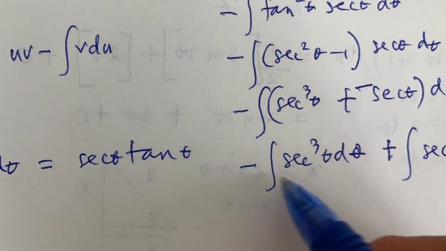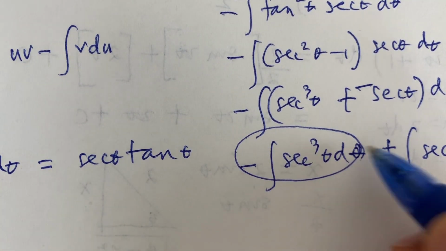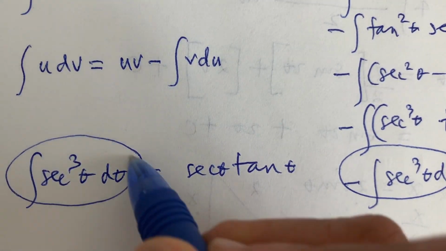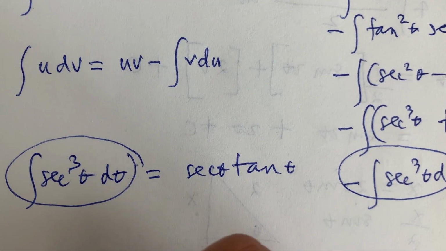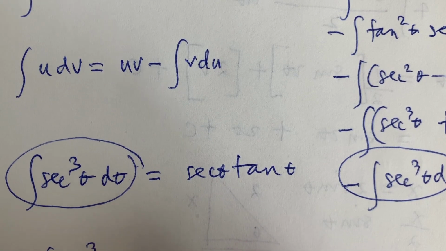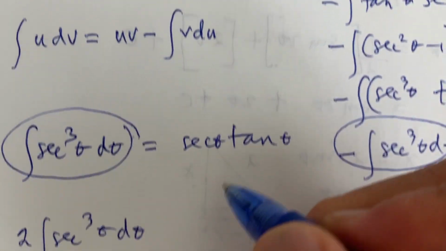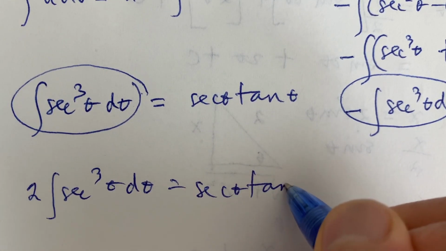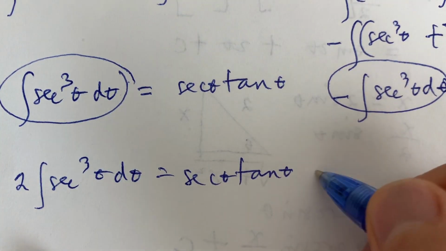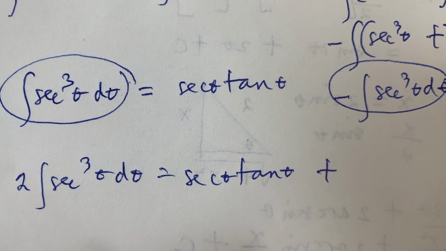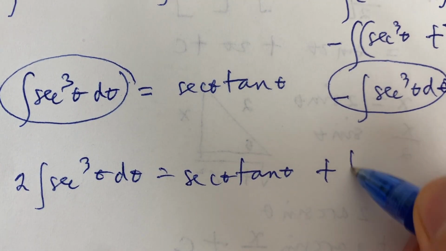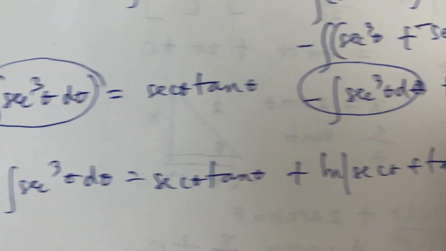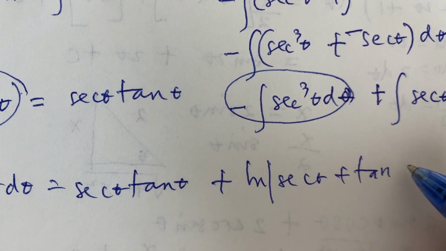What we can do is combine this secant cubed theta over here with this. And so we get 2 secant cubed theta d theta is equal to secant theta tangent theta plus the integral of secant theta, and the integral of secant theta is ln of secant theta plus tangent theta d theta, plus c.